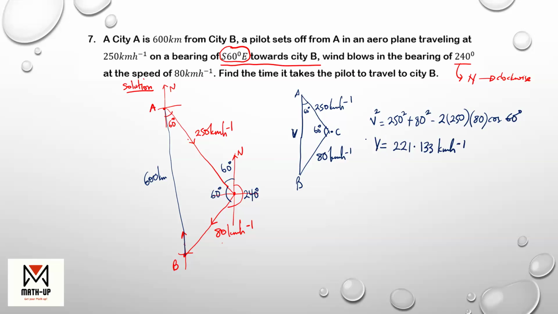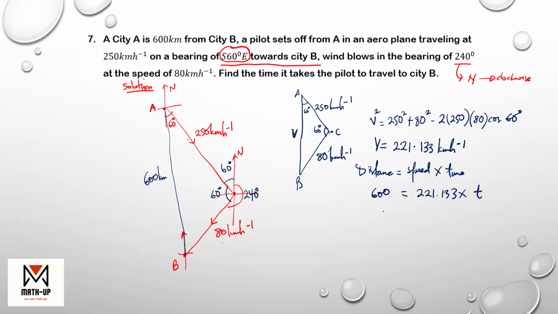So since I know the velocity he would have taken to move from A to B, and I know the actual distance between A and B, then I'll use the expression distance being equal to speed times time. I will have 600 is equal to 221.133 times the time t.